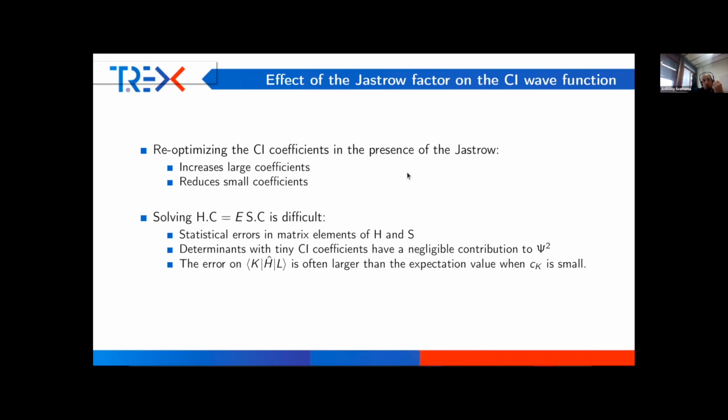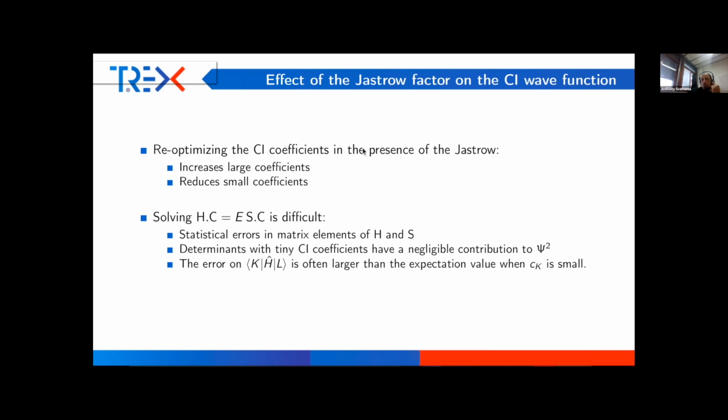And when you do this, the effect that you observe is that the Jastrow factor takes account of dynamic correlation, and we have seen at the beginning that dynamic correlation was described by a very large number of small contributions.